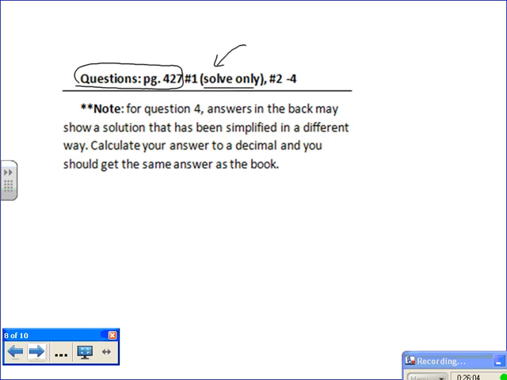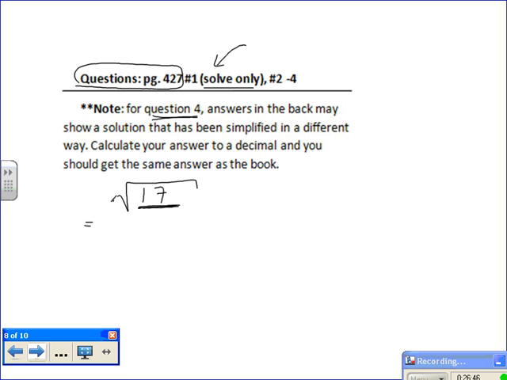Side note on question 4, if you're checking the answers in the back of your textbook, which you should be, you'll see that the solution that's given for some of the answers in 4 has been simplified in a different way. In other words, it's just been left as a fraction. When we take the square root of a number, for example 17, for our purposes in Math 11, we can simply square root that number and then just round the answer.